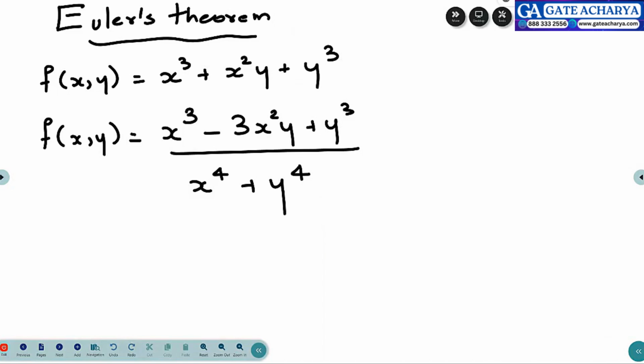See, what did I tell you regarding homogeneous function? For algebraic functions, added or subtracted terms must have the same degree. So let's individually see. In the numerator, who are the added and subtracted terms? These are all the added and subtracted terms. What is the degree of each and every term?